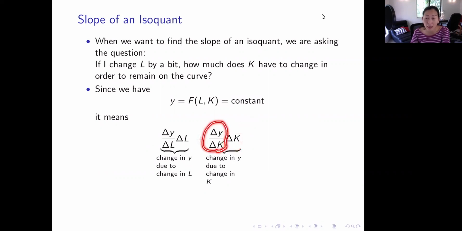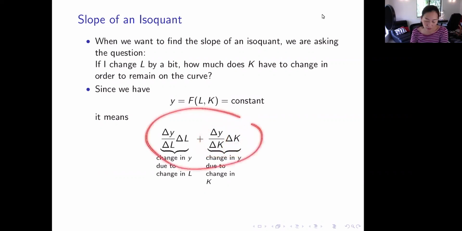Multiplied by this is going to be the MPK, the marginal product of capital, or the amount of total product that changes when 1 unit of capital changes. We multiply by the total change in the capital, we get the total change in Y due to the change in the capital.